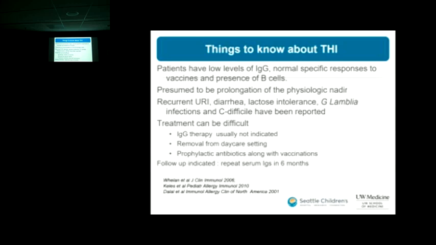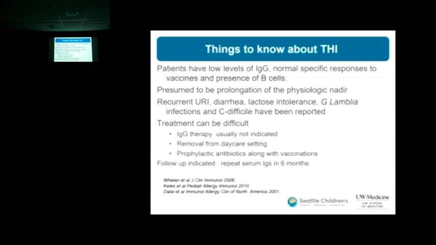That all said, in general, these kids do fine, and over time, as long as they're properly vaccinated and you have good titers, most of these kiddos will normalize by around anywhere between 3 and 5 years. But there are some that will linger on, and I think it's important to follow them because some of them will develop into a CVID-like feature.